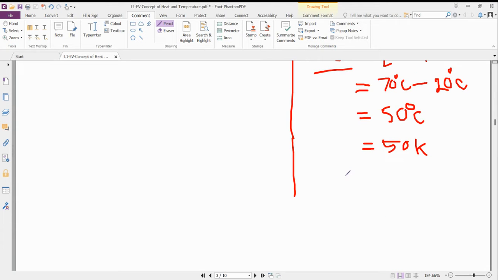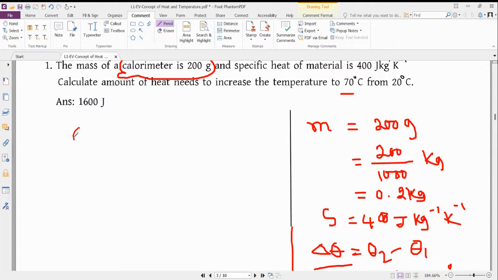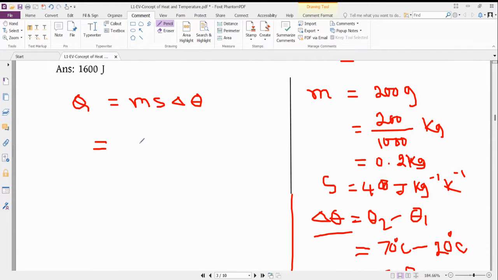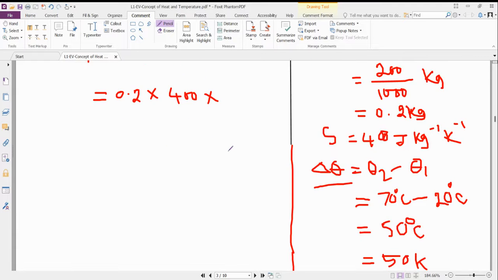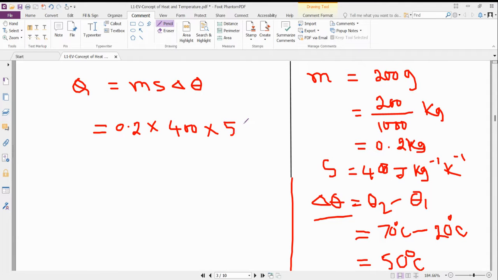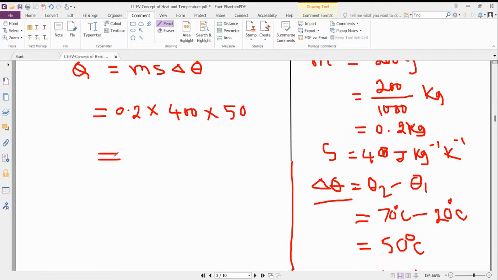The question is, what is the heat energy required? So we know that Q equals m s del theta. Very simple problem, and by putting in the values of the parameters, m, that means 0.2, specific heat 400, and 50 Kelvin. We don't need to write the unit.